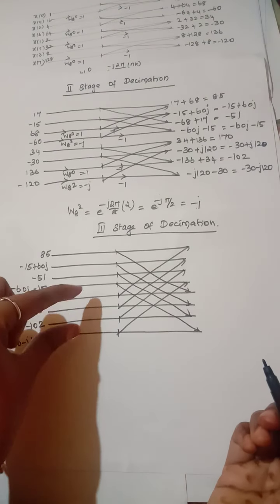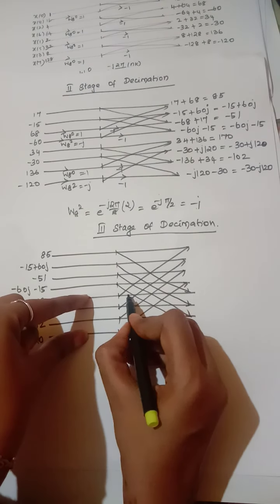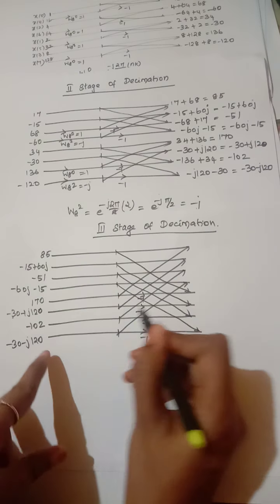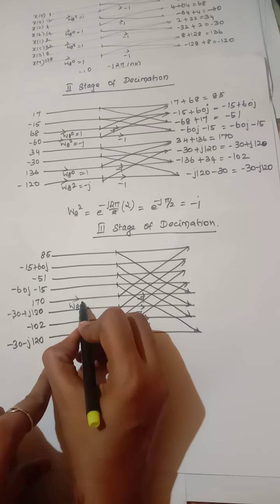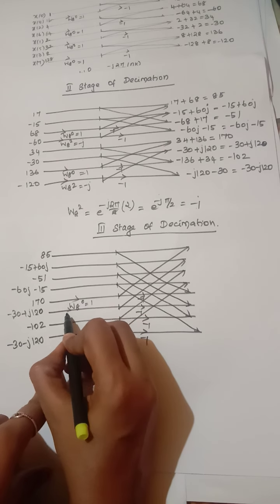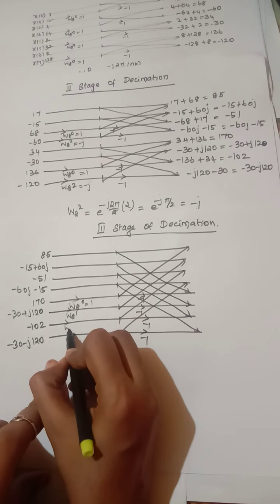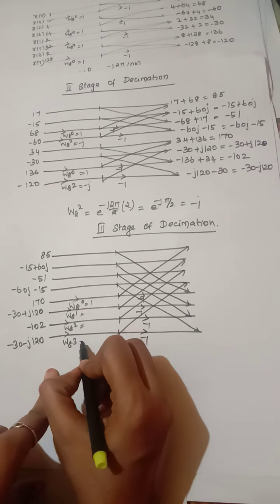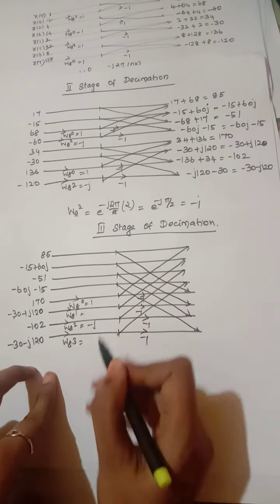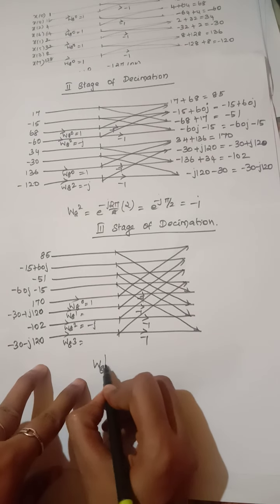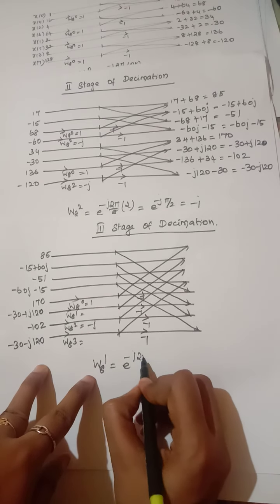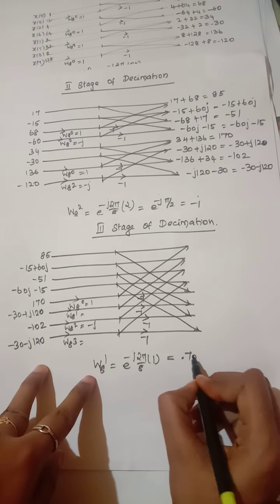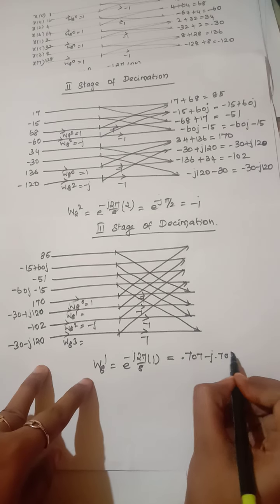The next we need to consider the last half. In the last half what you need to do, we need to write the minus 1. So I have written minus 1. Wherever you have written minus 1, there you need to write down the twiddle factor. So W8 power 1, W8 power 2 and W8 power 3. So we know the value of W8 power 2, it is minus j. Similarly we need to find W8 power 1. So e power minus j 2 pi by 8 into 1, which is equal to 0.707 minus j 0.707.